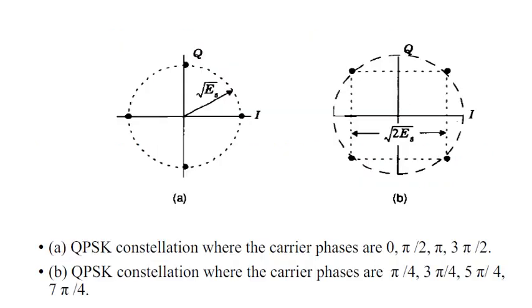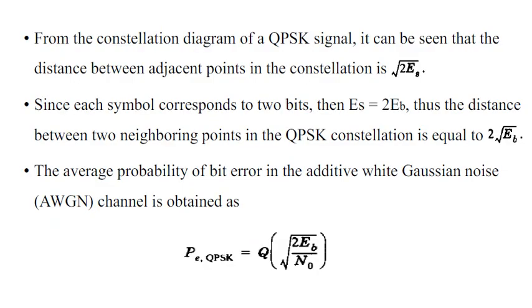Figure A is the QPSK constellation diagram with phases 0, pi by 2, pi, 3 pi by 2. Figure B is the QPSK constellation with carrier phases pi by 4, 3 pi by 4, 5 pi by 4, 7 pi by 4.